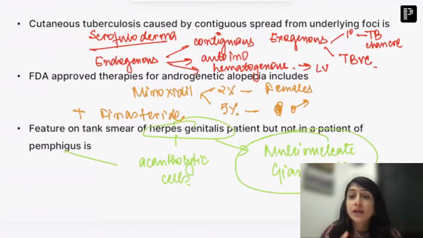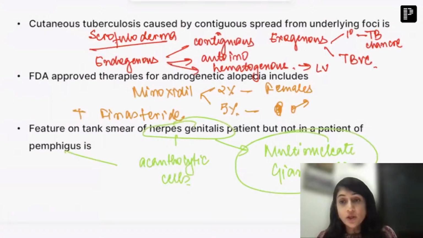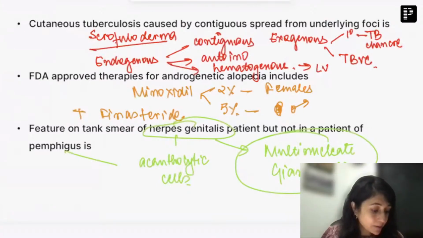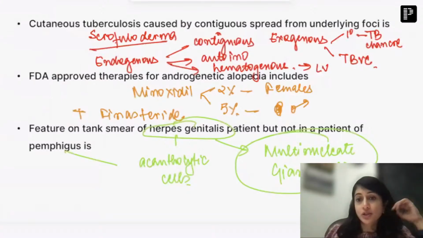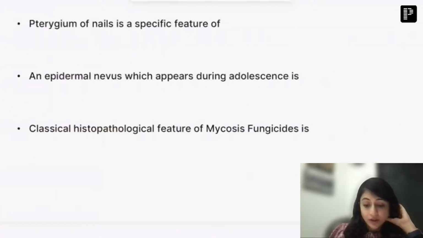So to say, MNGs are a feature of herpes infection, not the pemphigus group of patients. Right? Yes, multinucleate giant cells are caused by the cytopathic effect of HSV on the keratinocytes. So you see both acantholytic cells and MNGs, but MNGs are what you see in herpes and you do not see them in the pemphigus group. Clear? Okay.